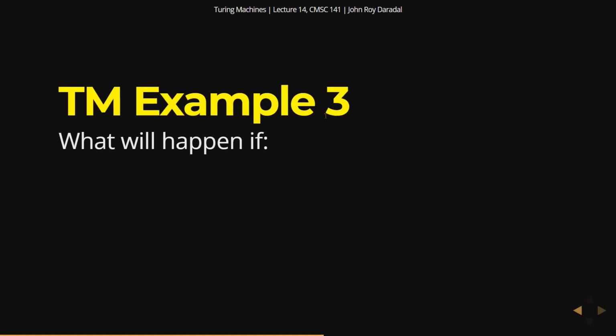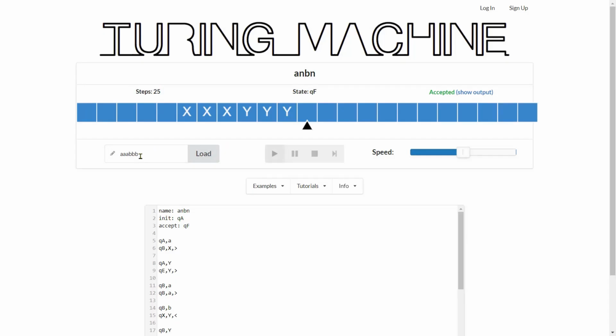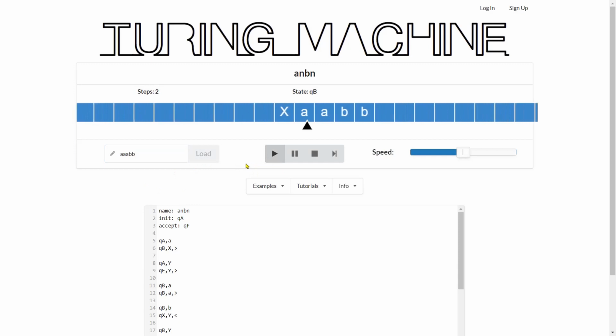Now, what would happen if there were more A's than the number of B's? Let's try that. We have 3 A's here and only 2 B's. What will happen? The first two A's and B's would be paired off, right? Now you're in QA and you see an A, so you mark this with an X. You're supposed to find its pair B, right?